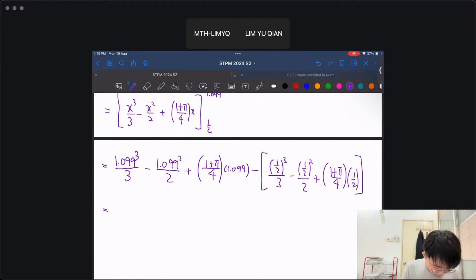Plus 1 plus pi over 4 times 1.099, minus in the bracket 1/24 minus 1/8. And then this one, 1 plus pi over 4 over 2. Okay, this number is positive.